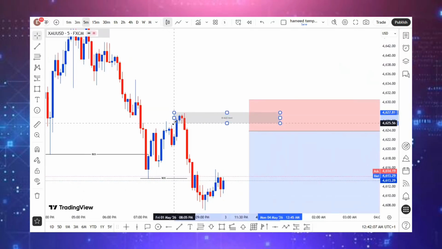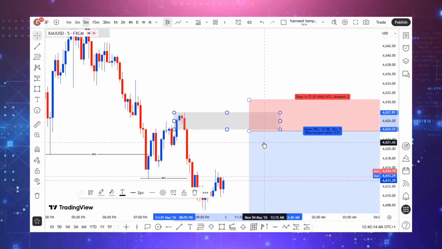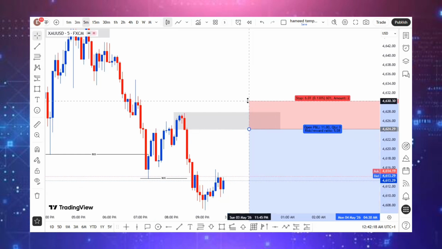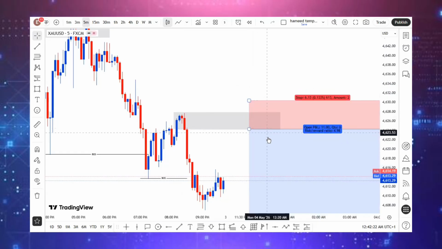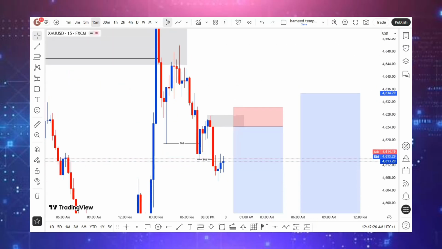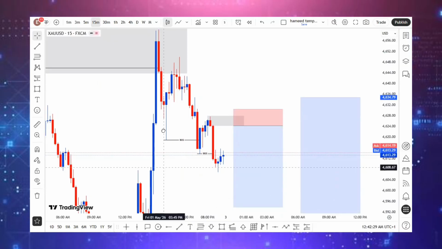Well, this is it, but let me just leave it here. We have something like this. So this is a sharp 1:5 trade.